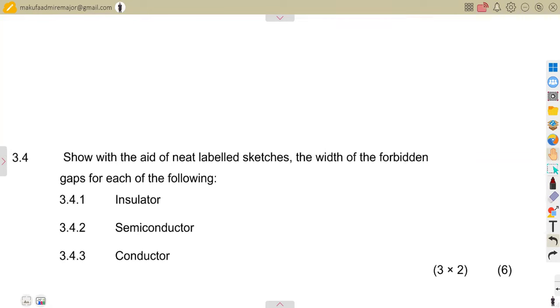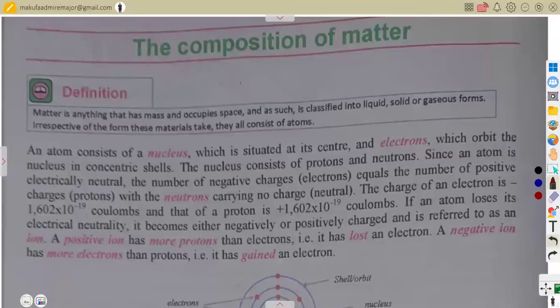Like I said, we're going to consider this. We have the composition of matter. That is the first part you need to understand, how matter is considered.